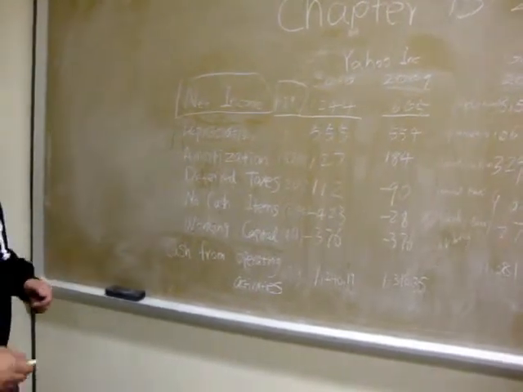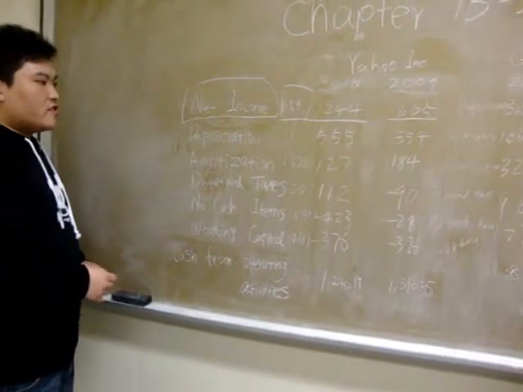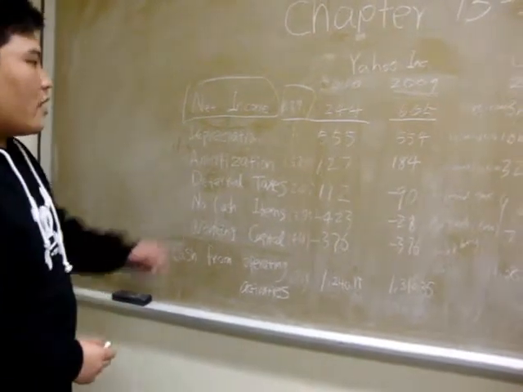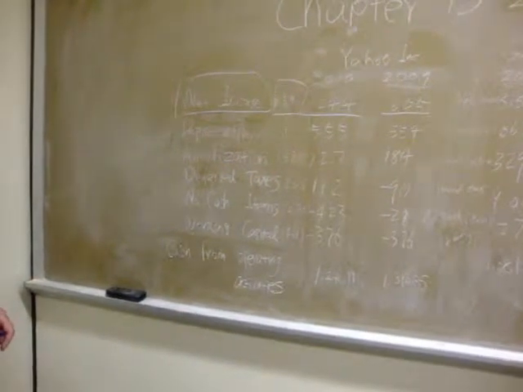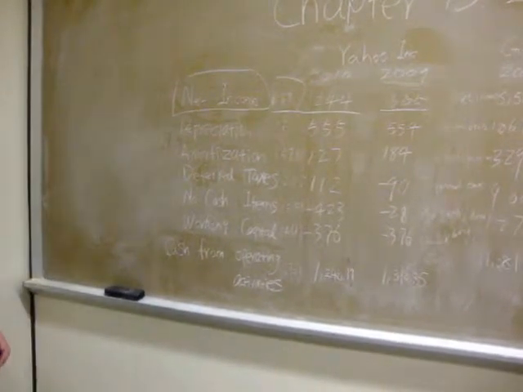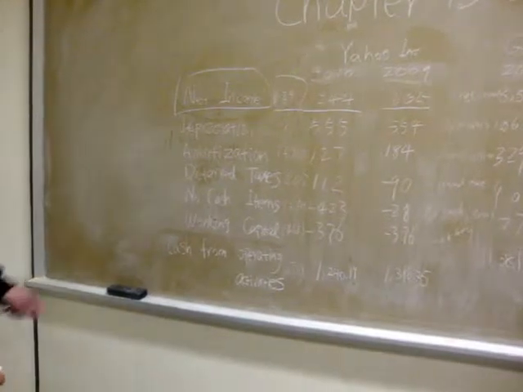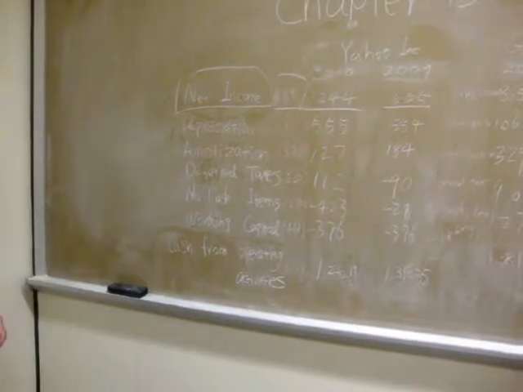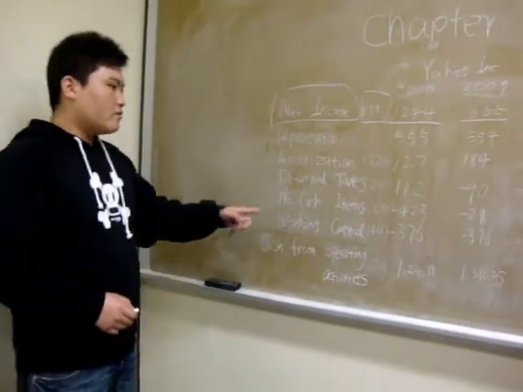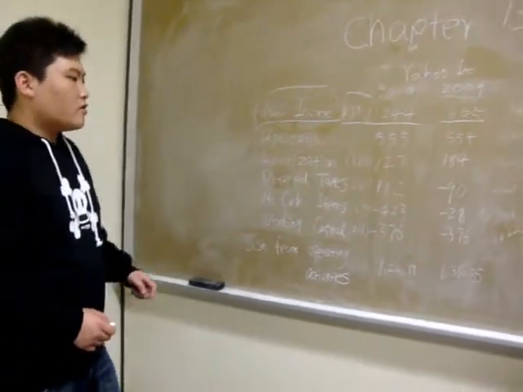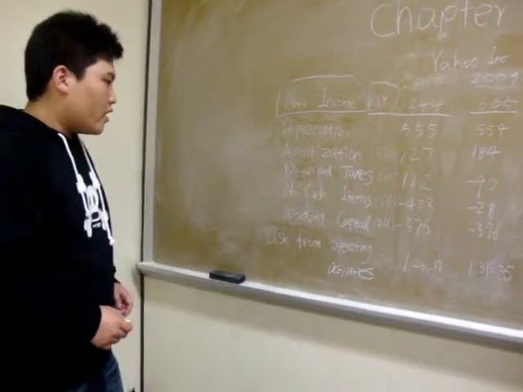And the depreciation is increased by 1, and amortization is decreased by $57 million, and the deferred taxes is increased by $202 million, and the non-cash items is decreased by $395 million.